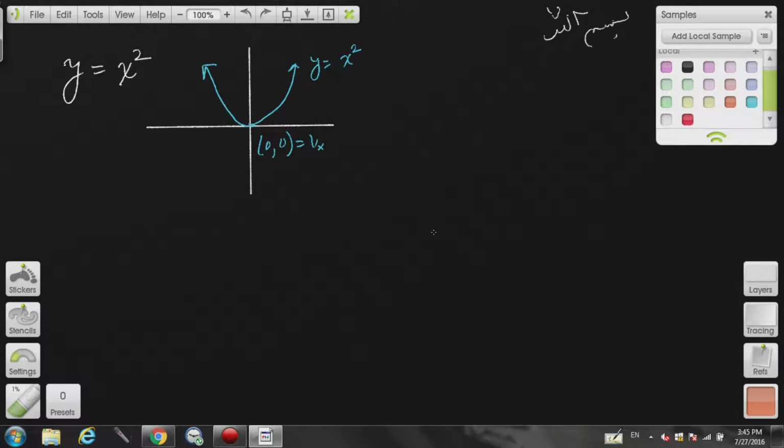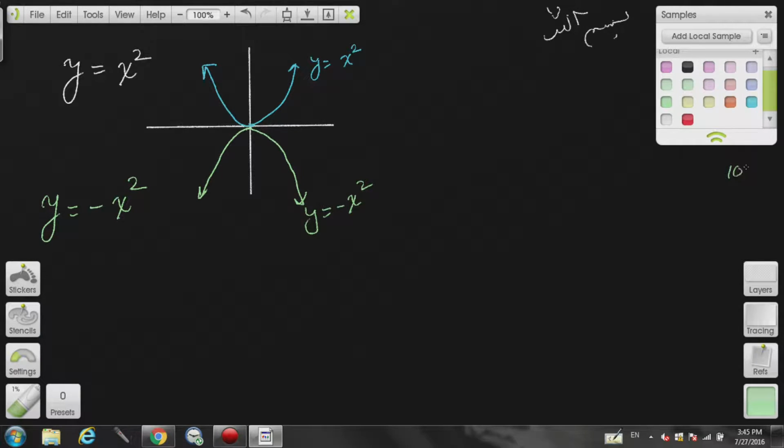Now, if y equals x squared looks like that, what do you think y equals negative x squared is going to look like? And if you said it's going to be a mirror image like this, you would be correct.